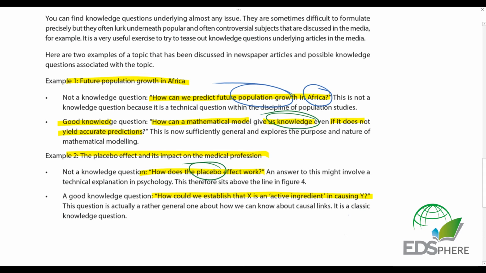So here they generate a relatively interesting question: how could we establish that X is an active ingredient in causing Y? Meaning that instead of just looking at the placebo effect, we're looking at how one thing may cause the other.